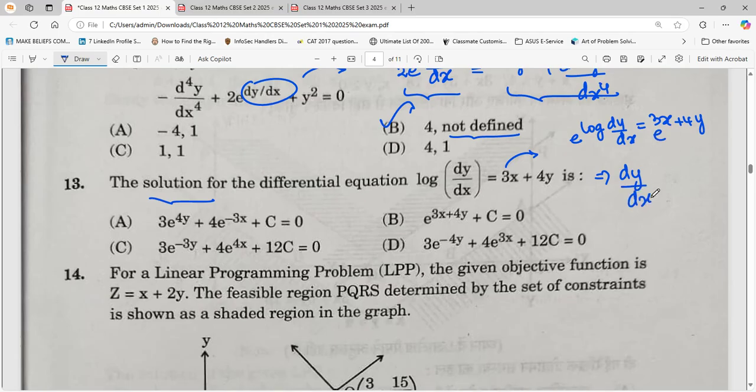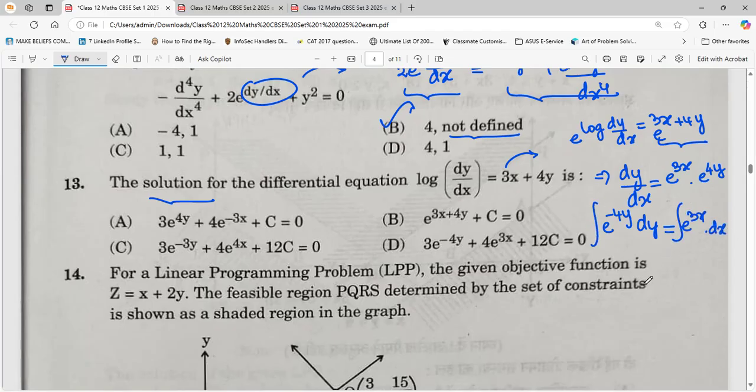I'm going to use the power rule here, the rule of indices. So e power 3x into e power 4y. So dy into e power minus 4y is equal to e power 3x times of dx.